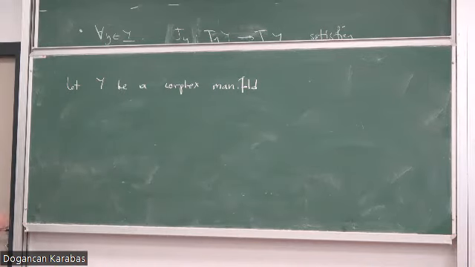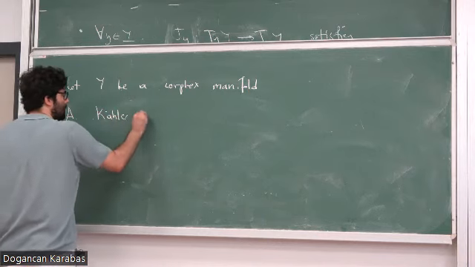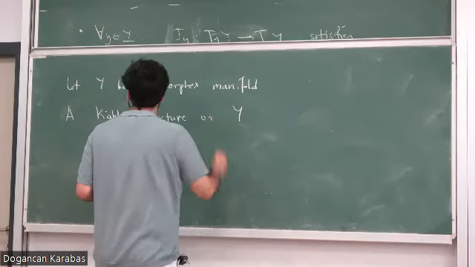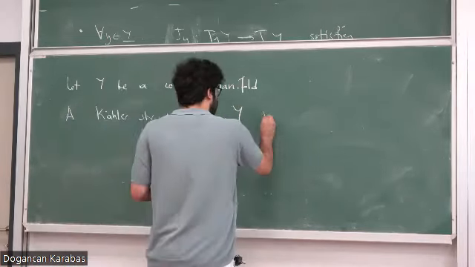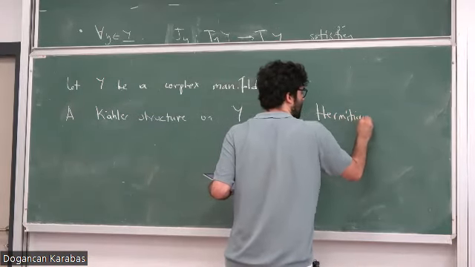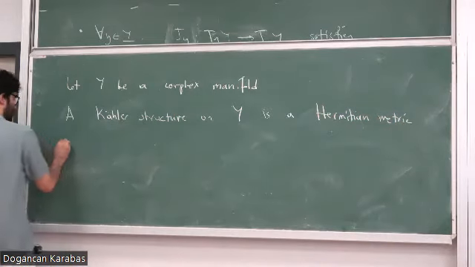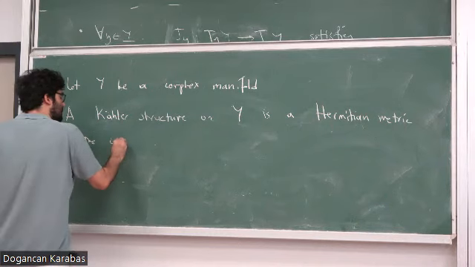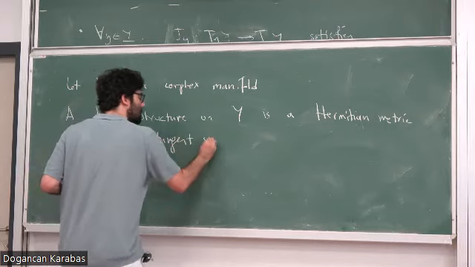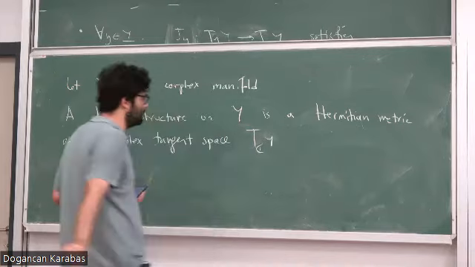A Kähler structure on Y is a Hermitian metric on the complex tangent space, so T, I'll just write C just so that you don't get confused.